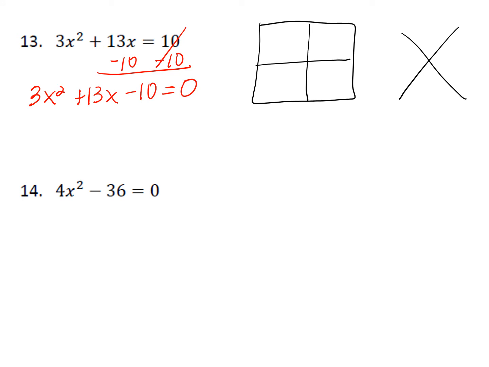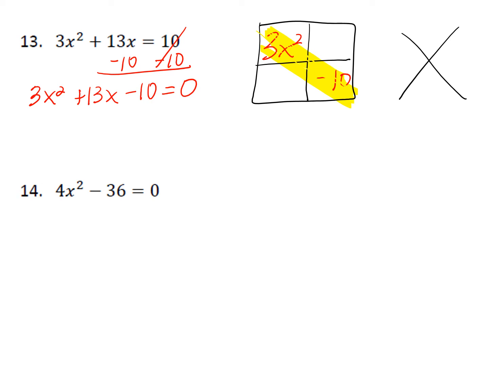And my x. Again, we're looking for what, oh, I hadn't filled that in yet. So we're going to fill in the top block, which is my 3x squared. My bottom right-hand corner is my negative 10. We're seeing what multiplies.